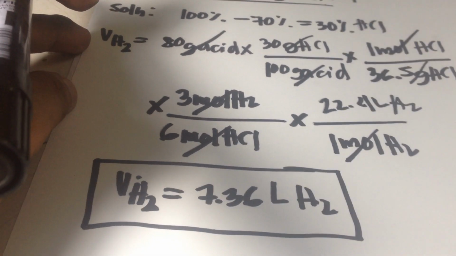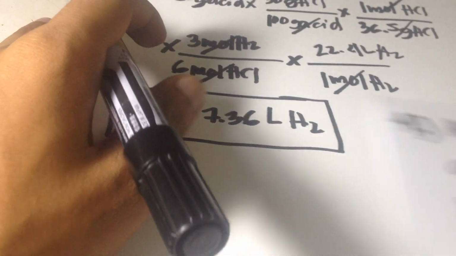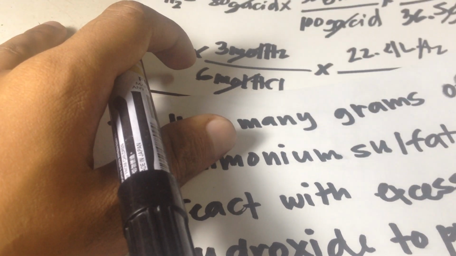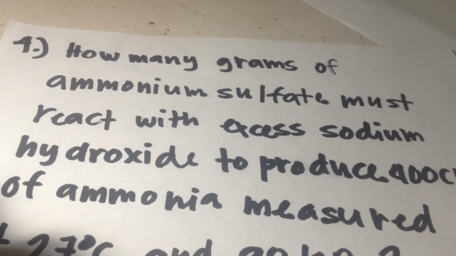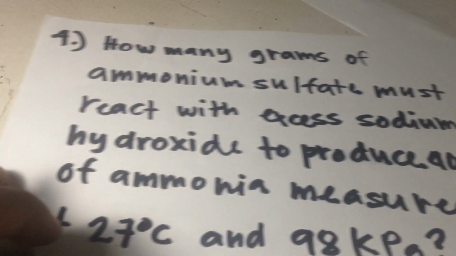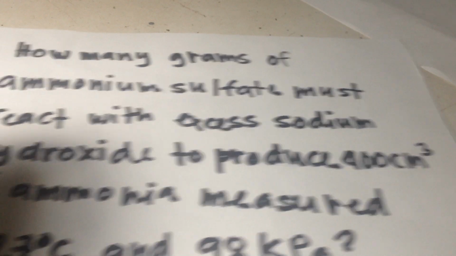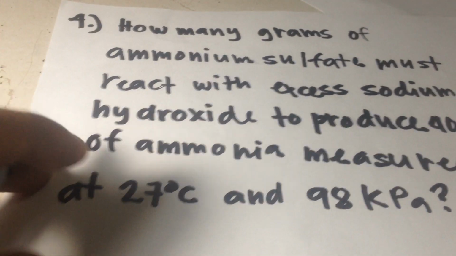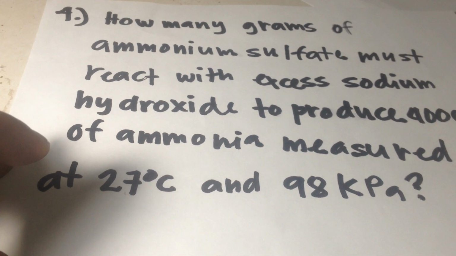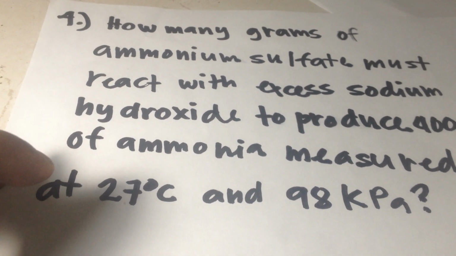And how about problem number 4? We have problem number 4 here. How many grams of ammonium sulfate must react with excess sodium hydroxide to produce 400 cubic centimeter of ammonia measured at 27 degrees Celsius and 98 kilopascal? So first step, we need to balance the equation again.